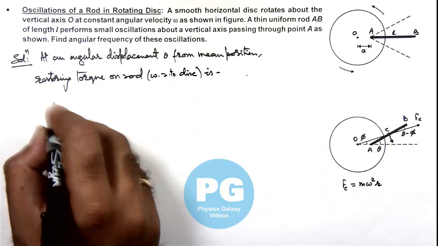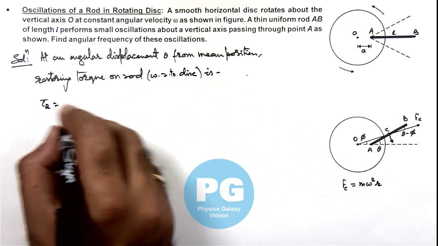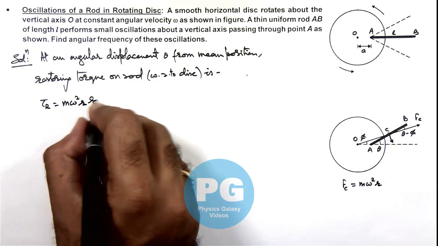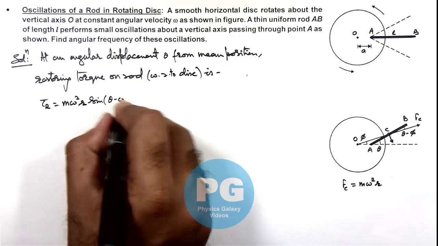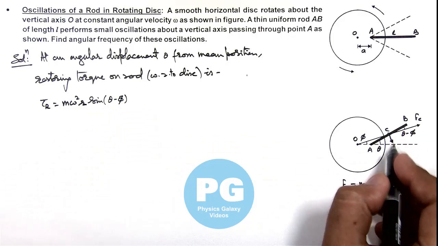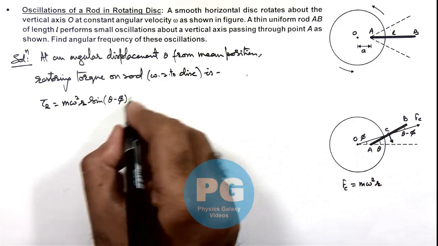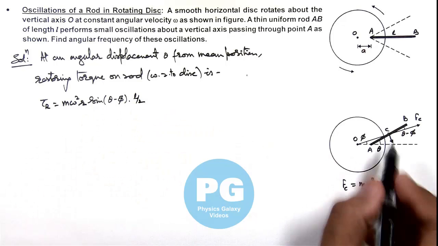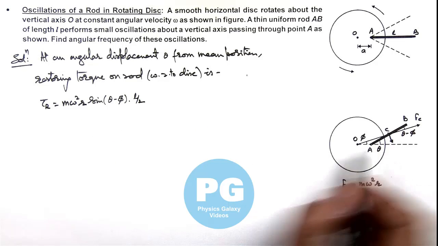We can write this restoring torque as m omega square r sine of theta minus phi, the component of force in this direction, multiplied by L by 2, the distance of center of mass from point A.